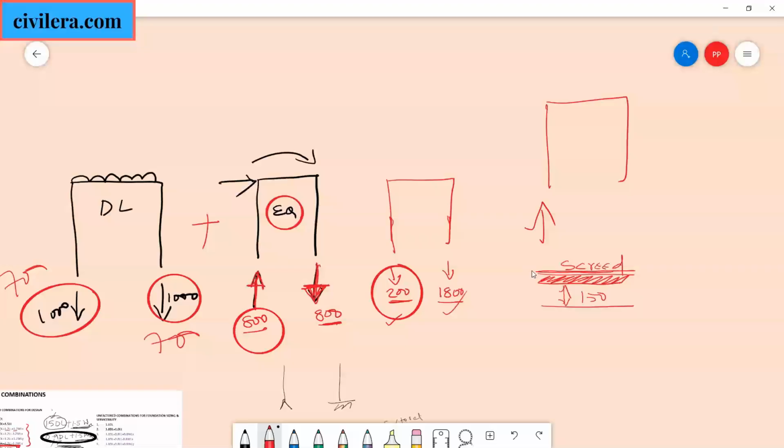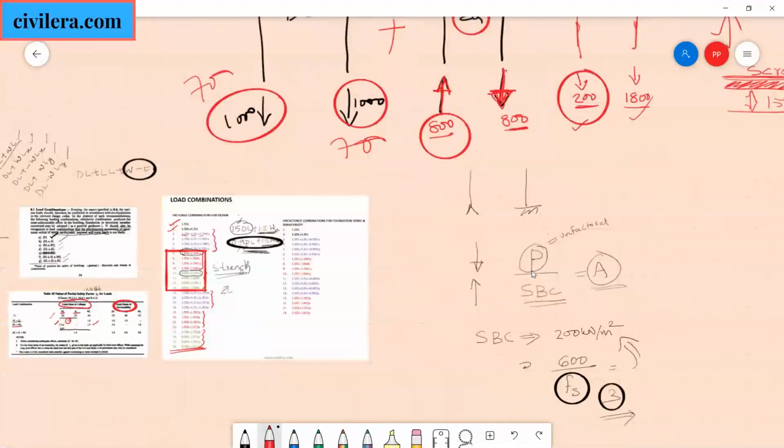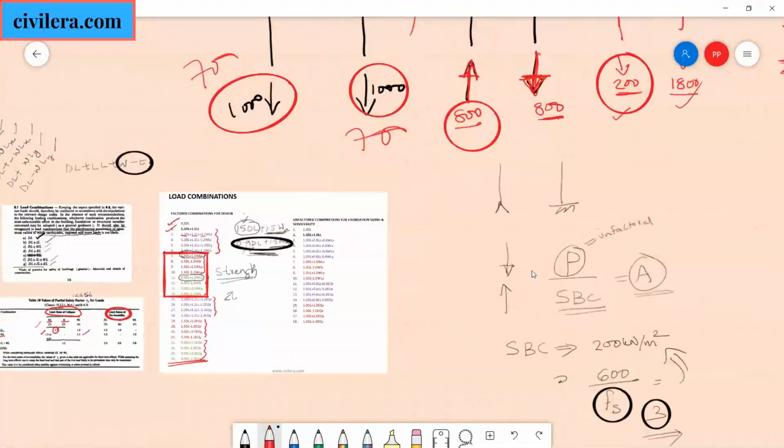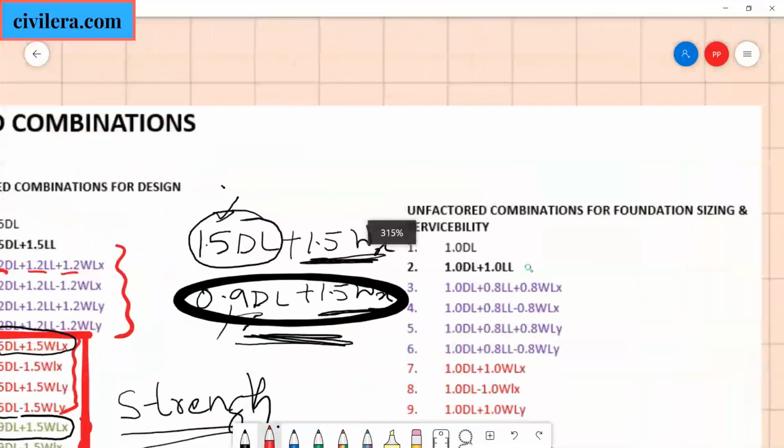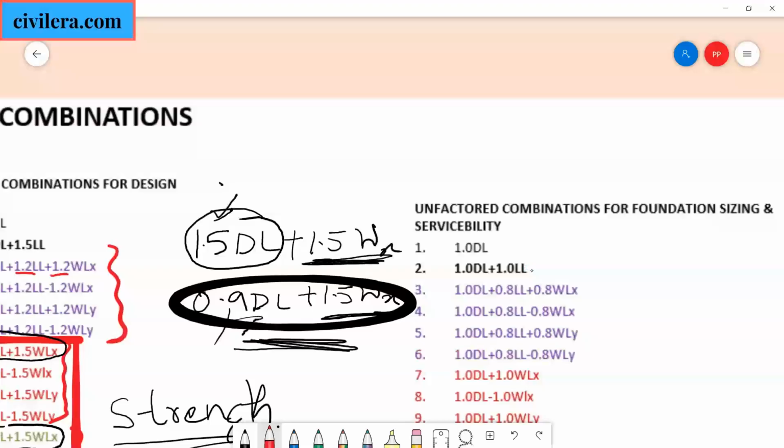So to account for this, to ensure that this doesn't happen, the code is forcefully ensuring that by introducing a possible reduction in dead load. Now you can ask me, why then 0.9? Why can't you take 0 DL? No, 0 DL doesn't come because the structure should be there at least for it to experience your earthquake.